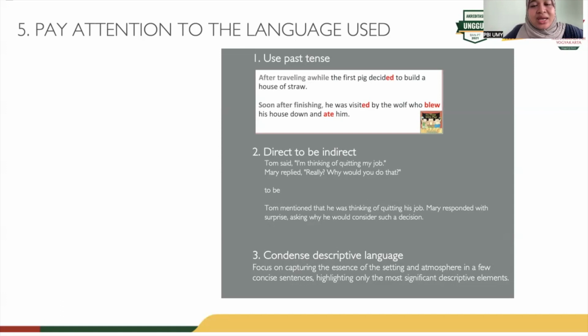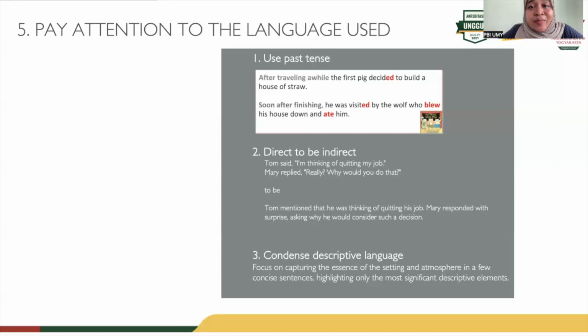Number three is, of course, the use of descriptive language. Descriptive language is usually employed to describe the environments, the setting, and the characters and the situations. But just remember, you need to be selective in it. You don't need to be as elaborative as the original one.